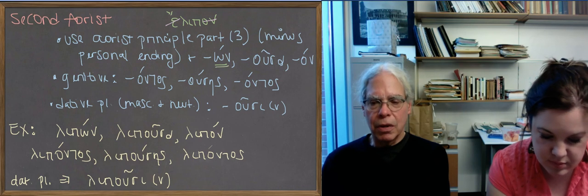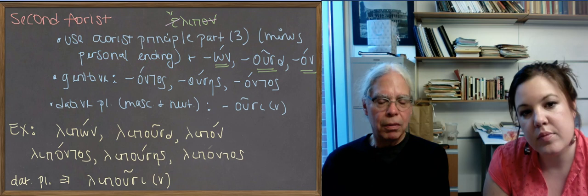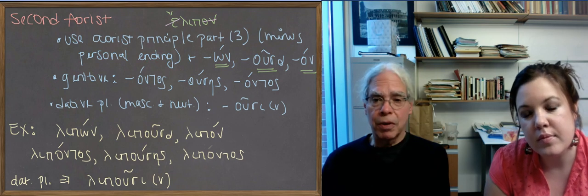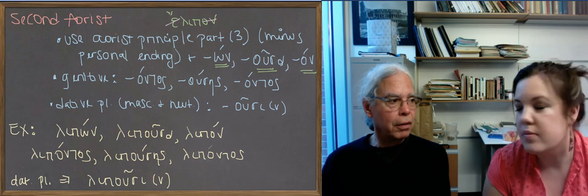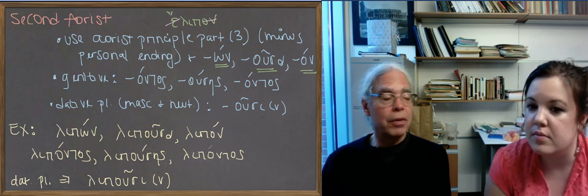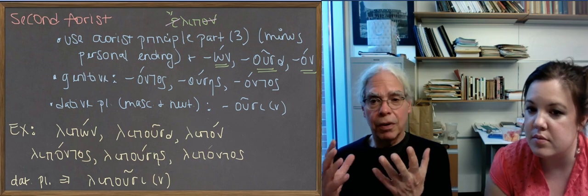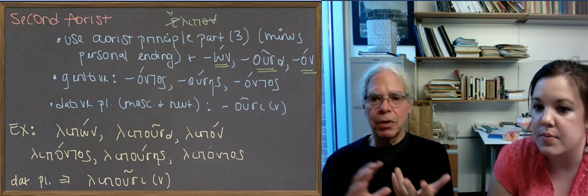And maybe you're starting to see that when there is a thematic vowel in a participle, and in the first aorist, for example, there's none, the thematic vowel is always omicron, okay? In participles, it's omicron, and infinitives, which are the corresponding thing. Believe it or not, in the Greek verbal system, participles and infinitives are in complementary distribution.